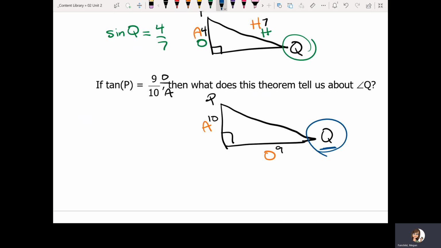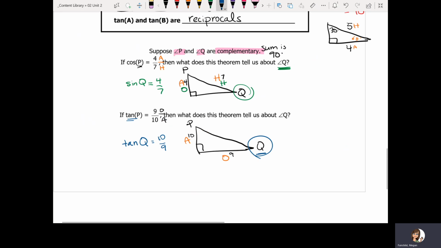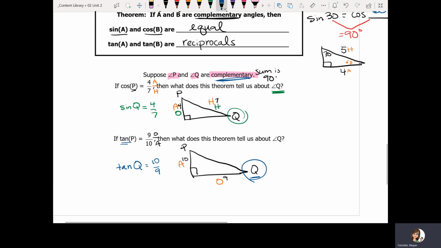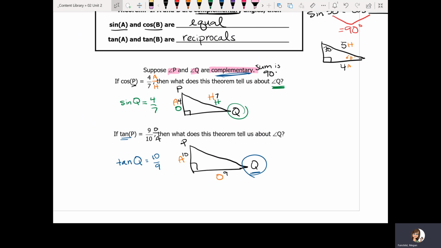Well, I'm dealing with tangent, so I know that tangent of Q is 10 over 9. It's the reciprocal. Because all of this works because they are complementary angles. You just have to understand the theorem, but you can always draw a picture and figure it out.